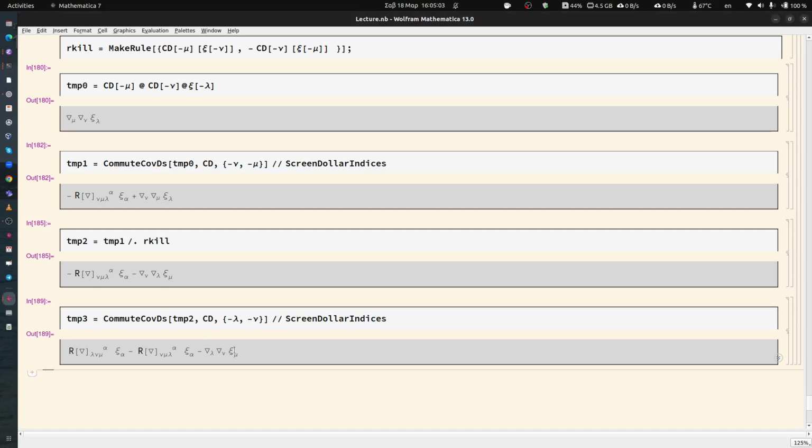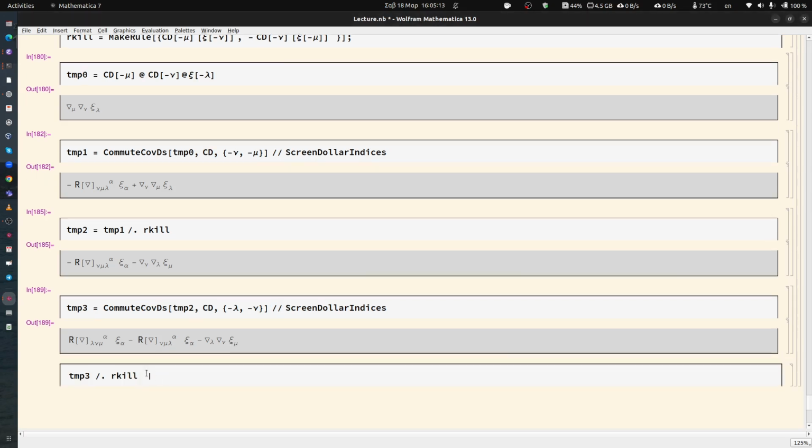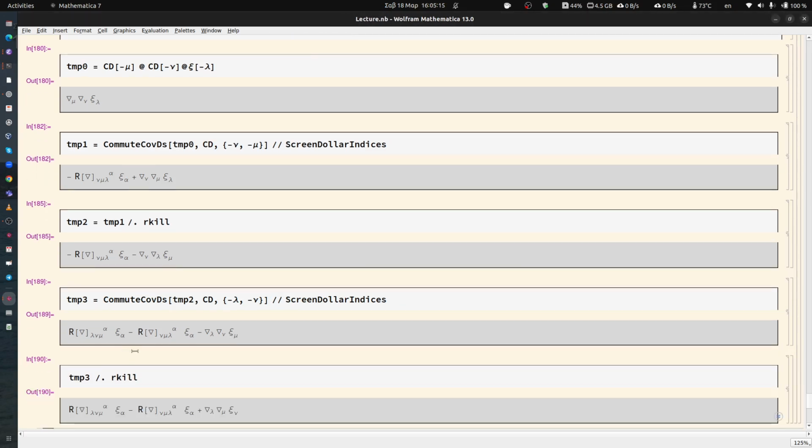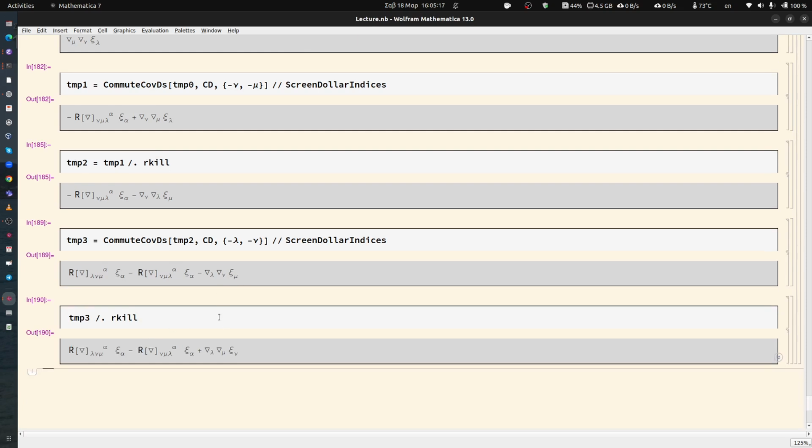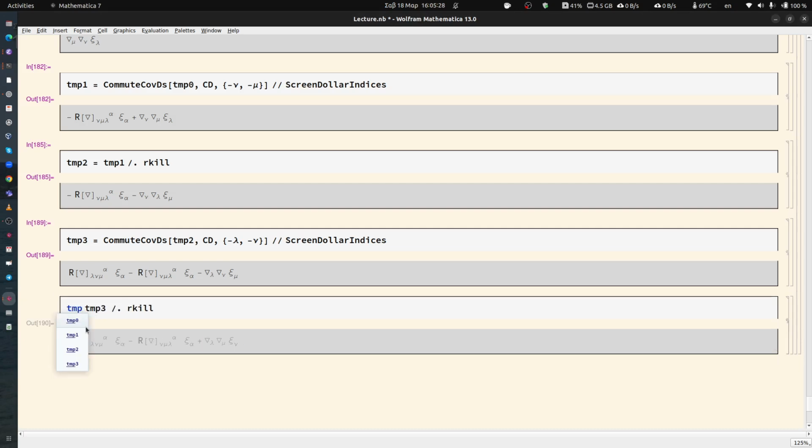Now I apply the Killing equation and nu will change order. The minus sign has become plus and nu mu is now mu nu. So that is TMP4.